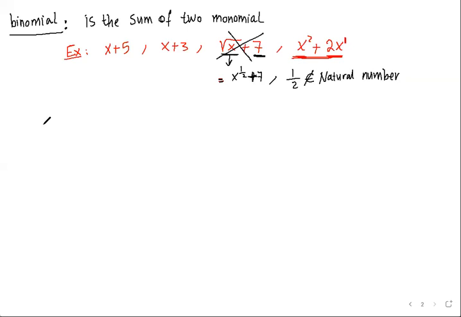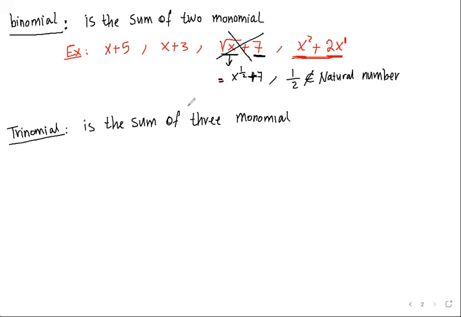Okay, the third thing is called a trinomial. The trinomial is again the sum of three monomials. Same exact idea. Who will give me an example?